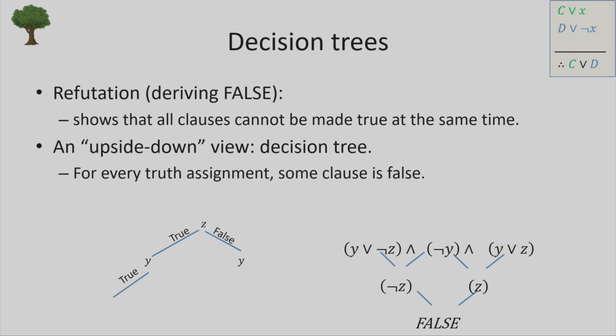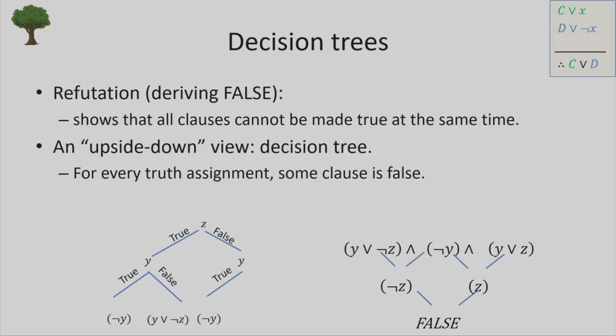Okay, so suppose y is true, in addition to that. Then it's a problem because with this scenario where z is true and y is true, not y cannot be satisfied. There is no way to make the second clause true. Okay, maybe setting y to false would help. Yeah, it would help to make not y happy, but then y or not z doesn't work.